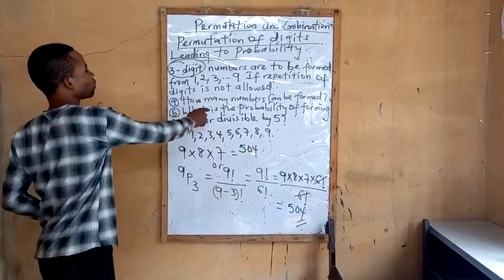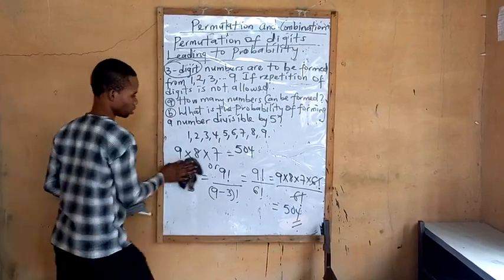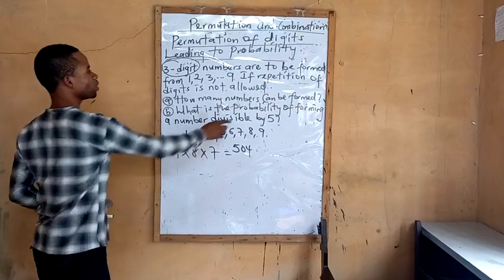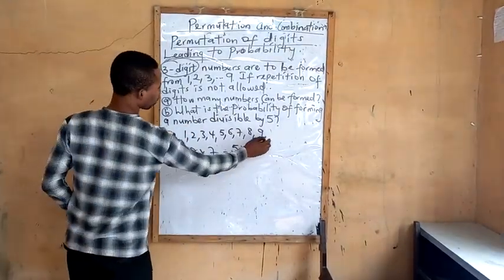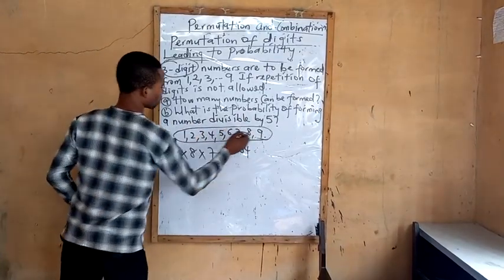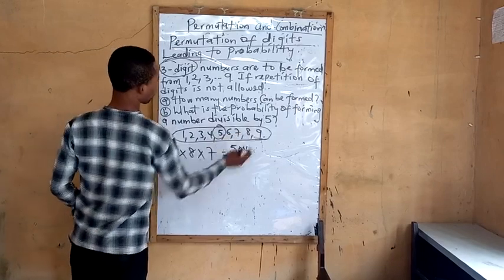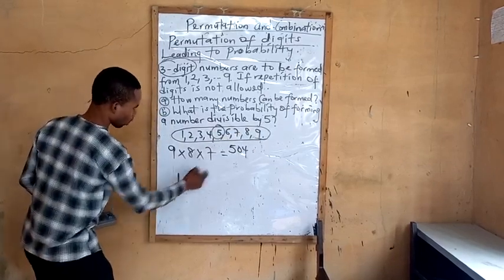Now they say, what is the probability of forming a number divisible by 5? If you look at all these numbers, which one is divisible by 5? That is 5. We don't have 10, so only 5 is divisible by 5. That is 1 number.